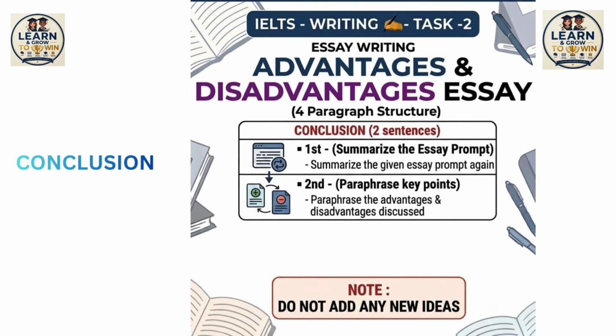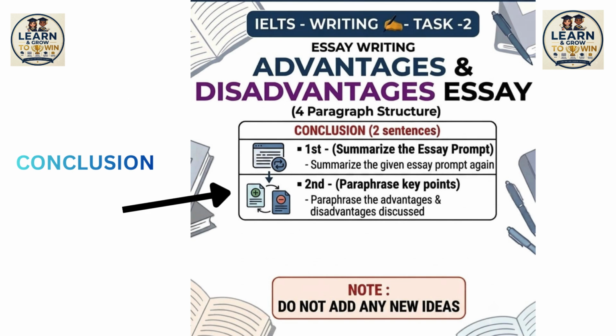Let's see. As you can see on my slide here, the two-sentence version of a conclusion can be recommended to save your time. Firstly, you can give a summarized idea here. As you have gone through the essay prompt, you can give an idea in a summarized manner in your first sentence.